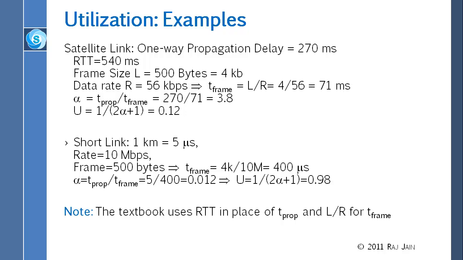But in computer networking, one of the fundamental principles is that the efficiency always goes down for every protocol if alpha goes up. And therefore, you should always try to keep alpha small. Large alpha is bad for every protocol, not just for window flow control, but for error control, for anything we talk about. And that is a very powerful thing to know. And therefore, using alpha, using T prop and T frame, is better.